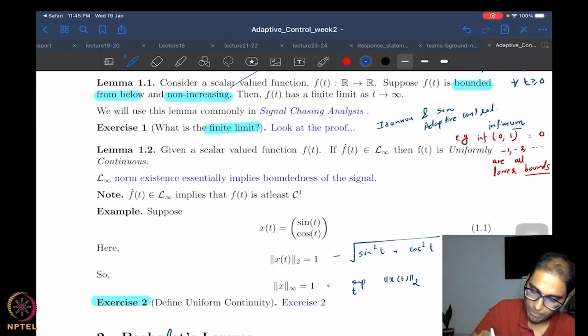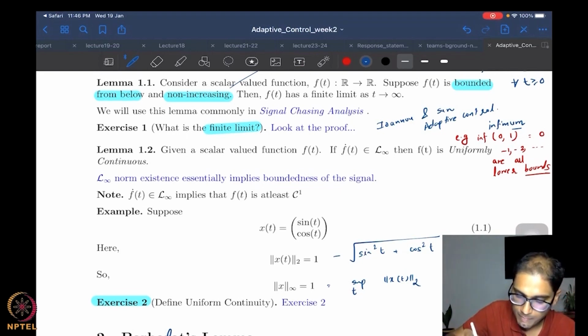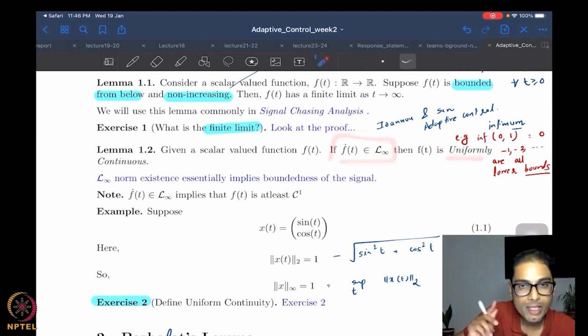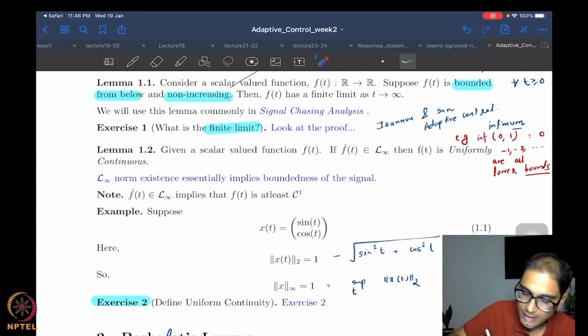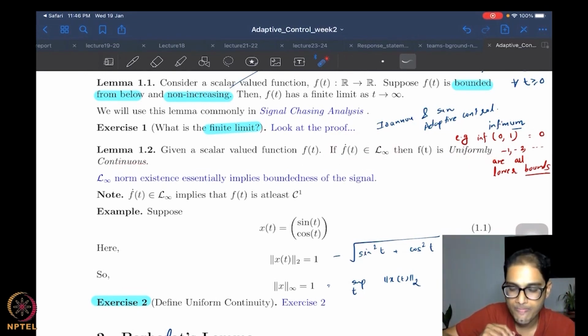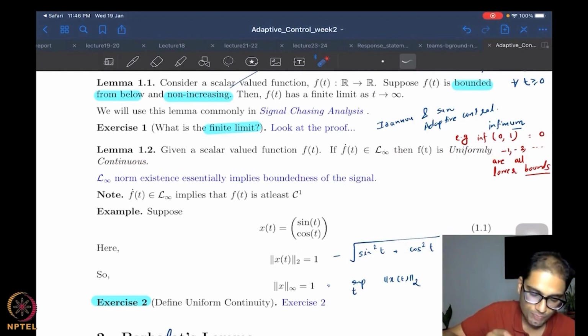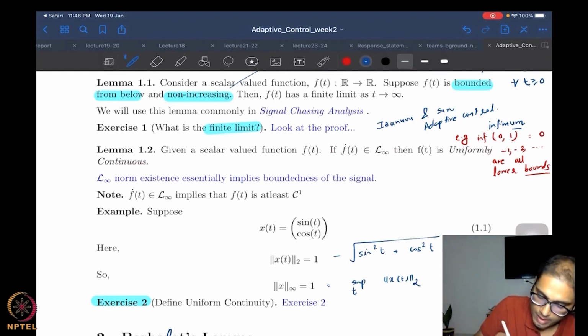We can look at very simple examples. Notice that this is a sufficiency condition. It doesn't say that if the function is uniformly continuous, then the derivative is bounded. It just says that if the derivative is bounded, then the function is uniformly continuous. So let's see some basic examples.